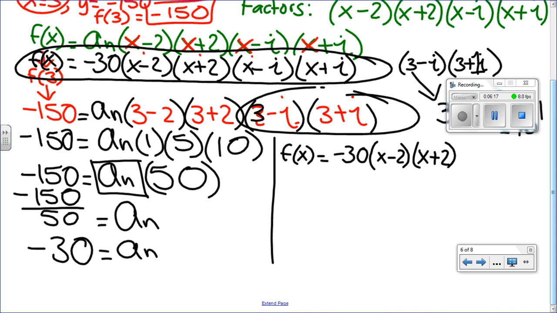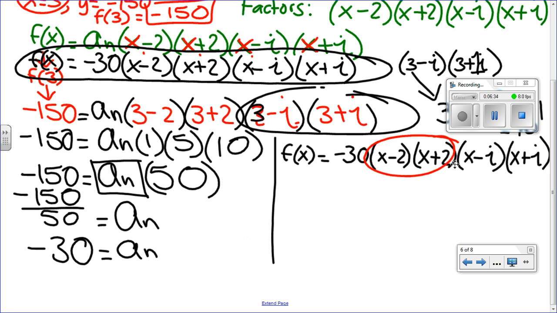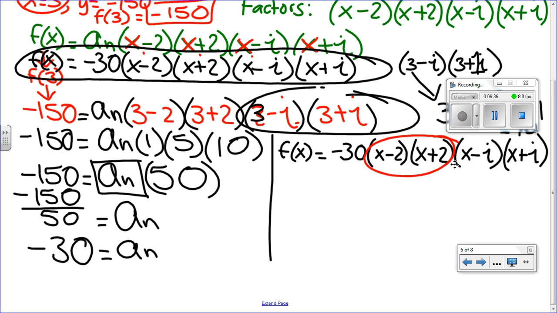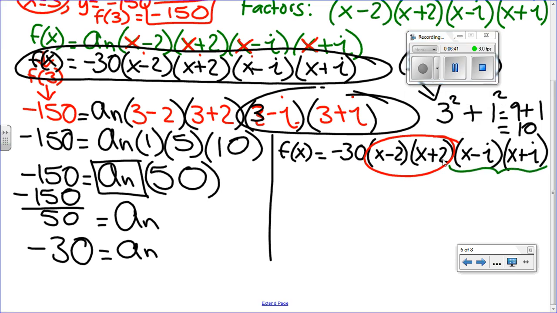And we know we're going to end up with a 4th-degree polynomial here. So the easiest thing to do is to group the 2 that contain real numbers and the 2 that contain the imaginary numbers.